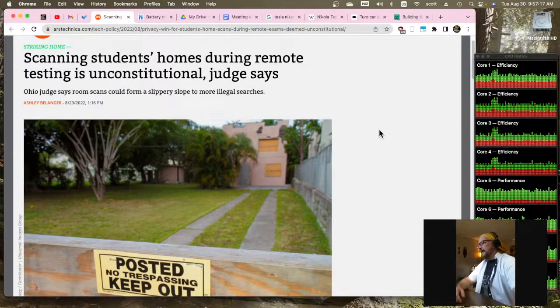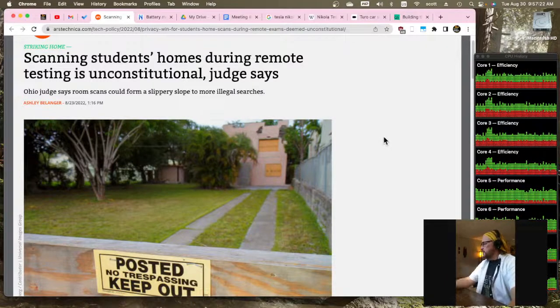And so just recently, an Ohio judge said that this needs to be stopped and has stopped it in their state because of privacy issues that conflict with the Constitution.